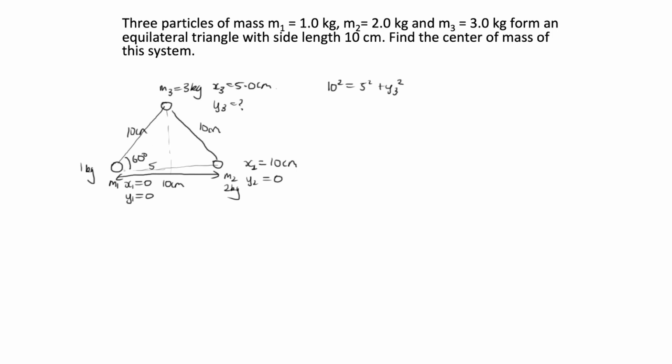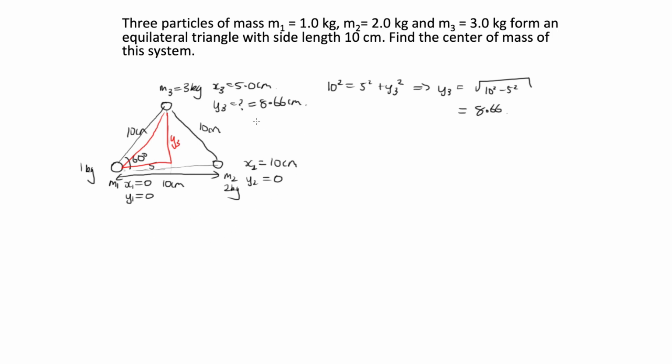That's just considering this triangle here with side length Y3, side length 5, and side length 10. Solving this, Y3 is going to be equal to the square root of 10 squared minus 5 squared. So this is equal to 8.66 centimeters.